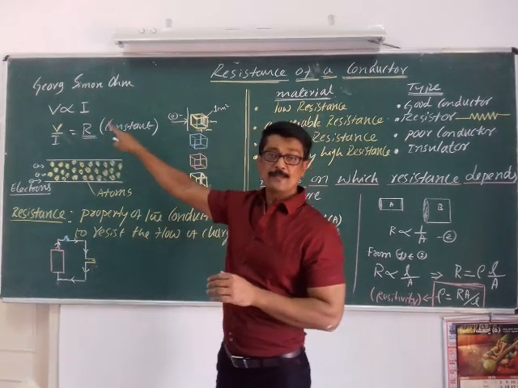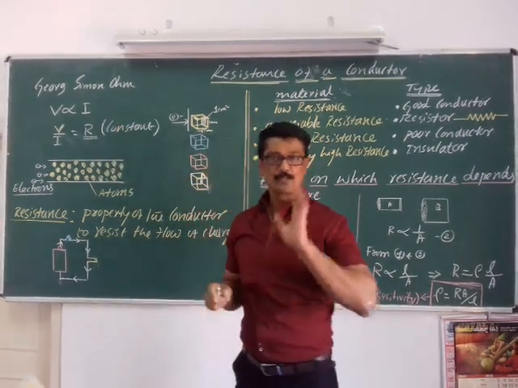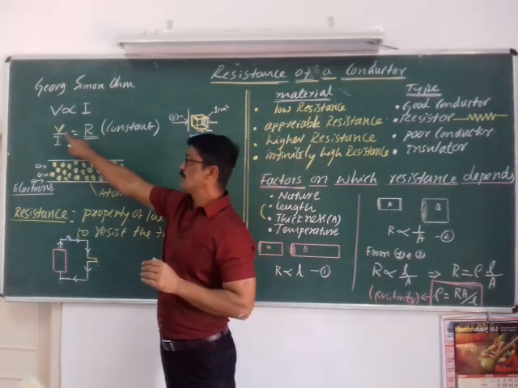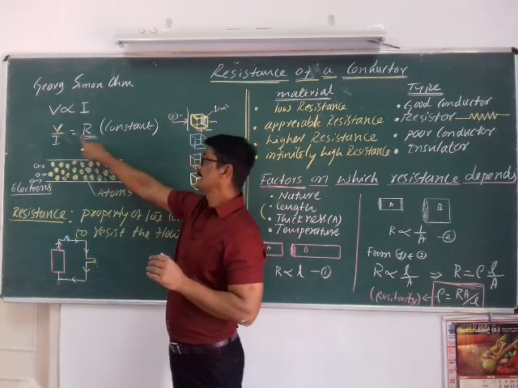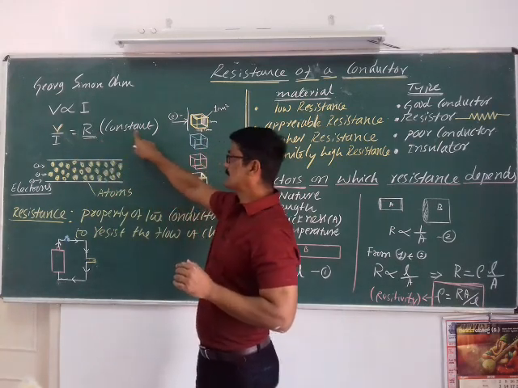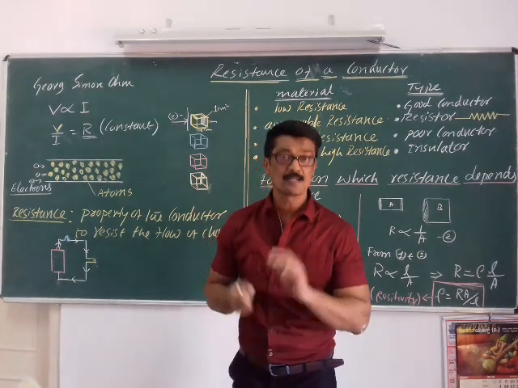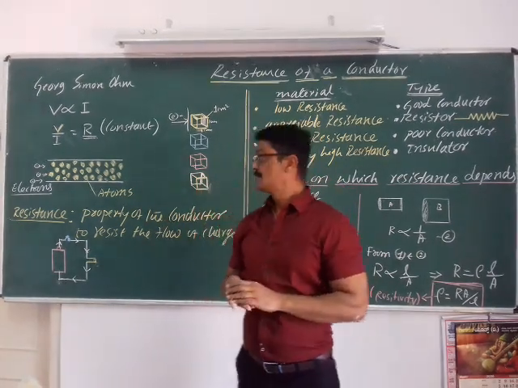When one quantity varies directly with the other, the ratio is constant. Ratio remains same. That is, the ratio of voltage to current is same, and that constant is represented by the symbol R and is known as resistance of the conductor.